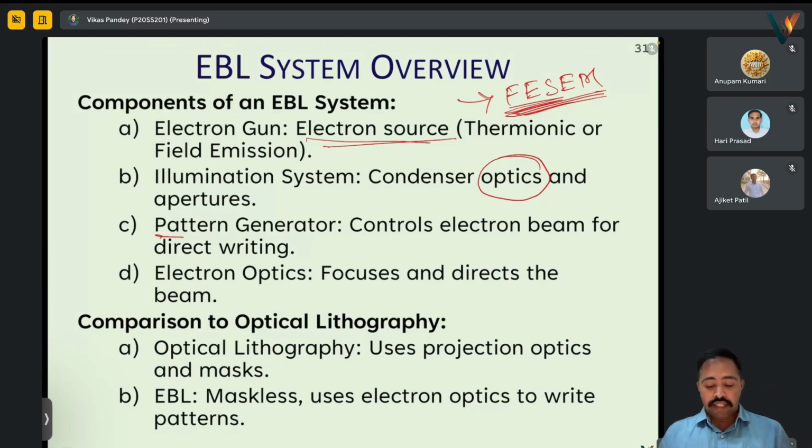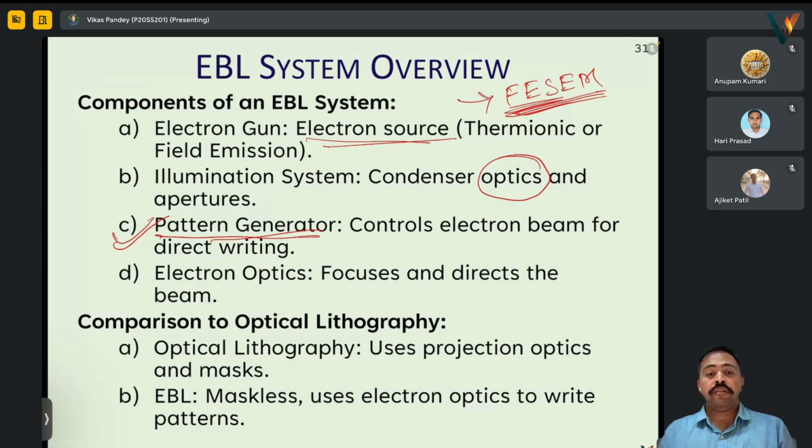Then second is the pattern generator, which decides how the pattern will be generated, at what place the beam has to strike, and at what place it doesn't have to strike. The electron beams have to be rastered, have to be vectorized. These things are controlled using the pattern generator. They are very similar to the old TV system, where we had X and Y controls, and the light coming from the back of the TV used to travel in a rastering manner, controlled using these field patterns.